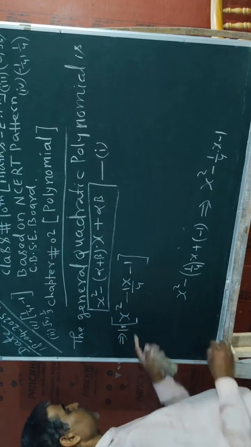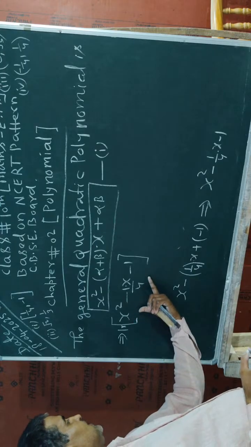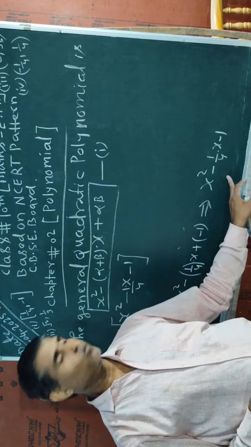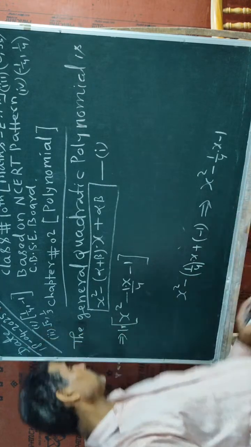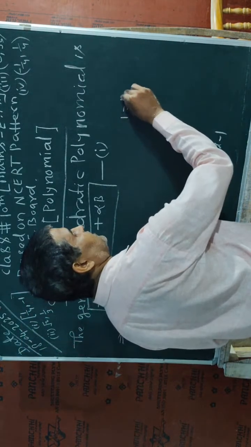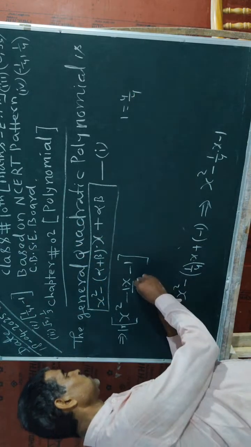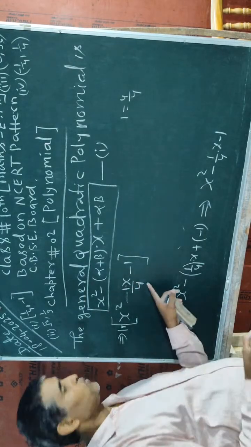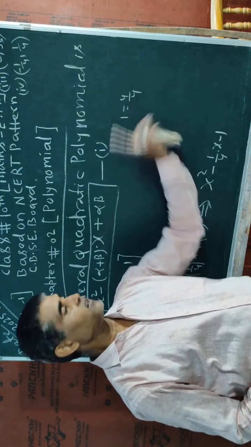We can multiply 1 with 1 also. If I multiply this data with 1, the same quantity will be there. Okay students, so there is no change in my question. So in the place of 4, as I have already told you, I can write 4 divided by 4, because the numerator is 4 and I want to take this numerator common. So before taking it common, in the place of 4 I am going to write 4 divided by 4.